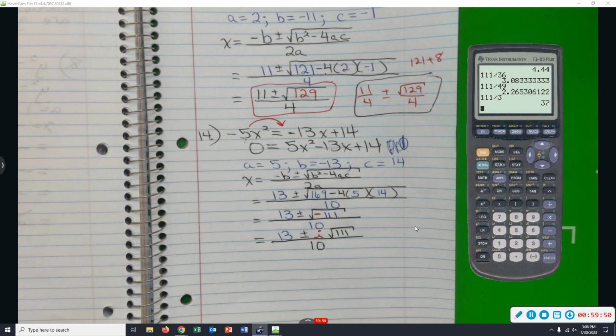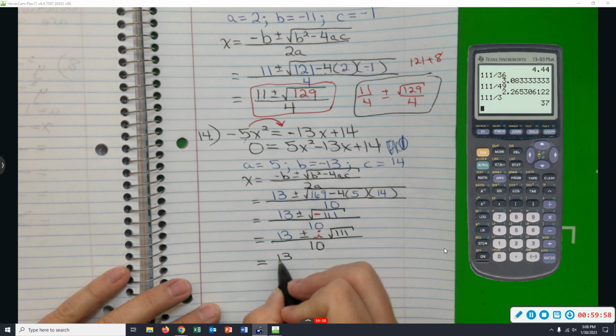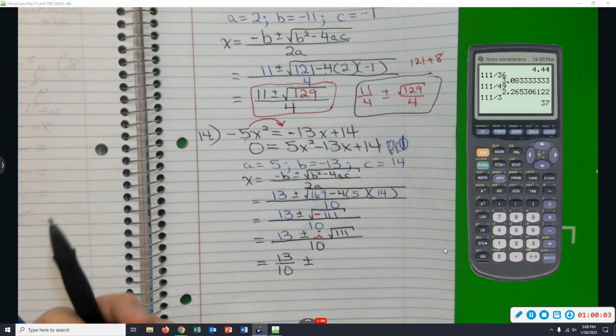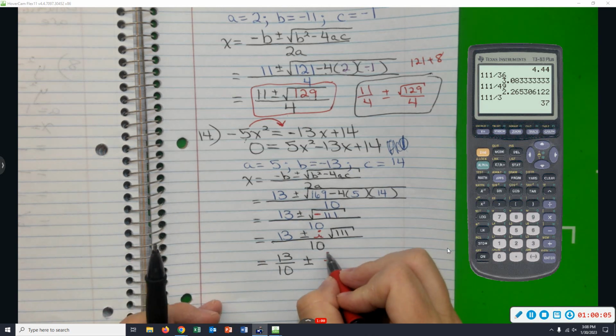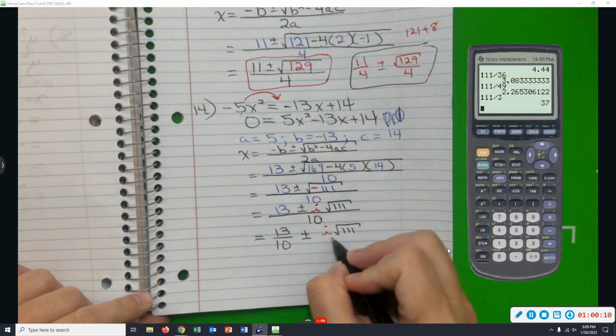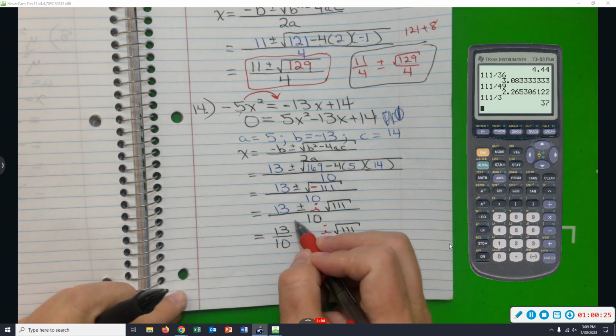There's an I on top, so we're going to have to separate them. 13 over 10 plus or minus I square root of 111 all over 10. 13 over 10, is there a common factor to cancel? No. There's no number here to cancel with the 10, so there's no reduction further.